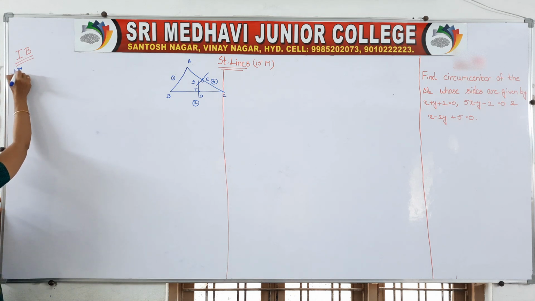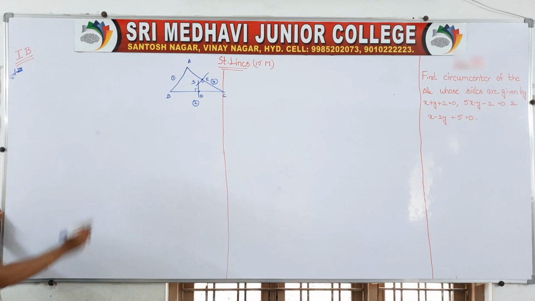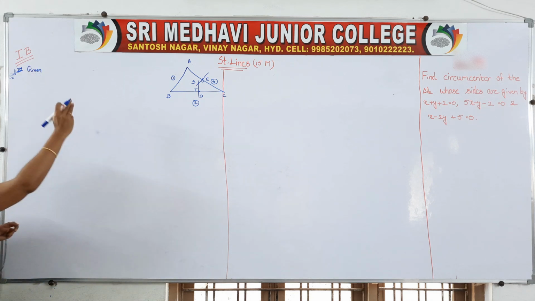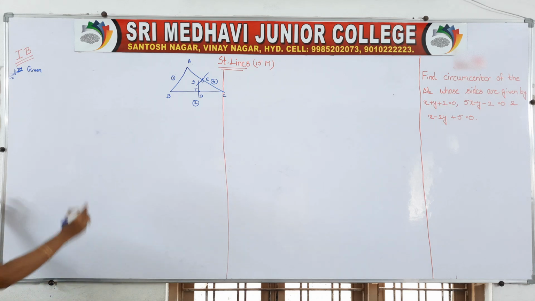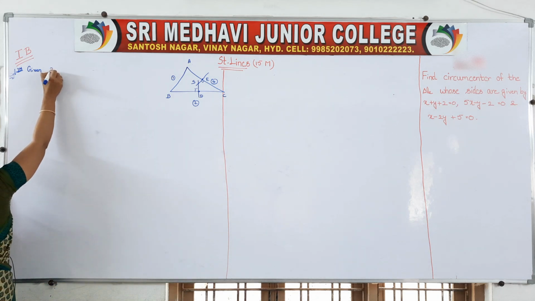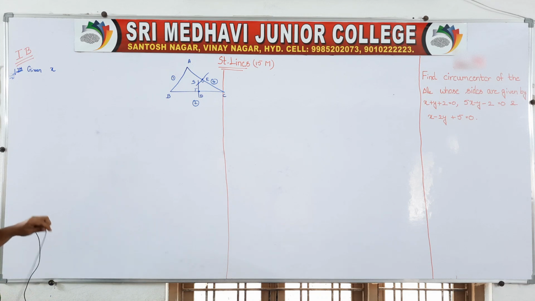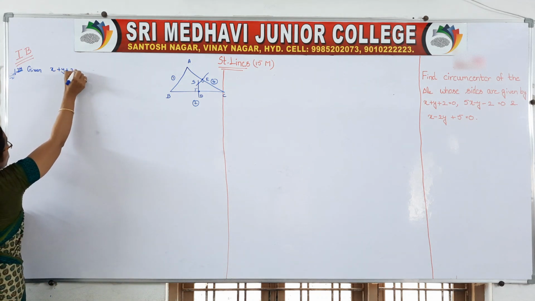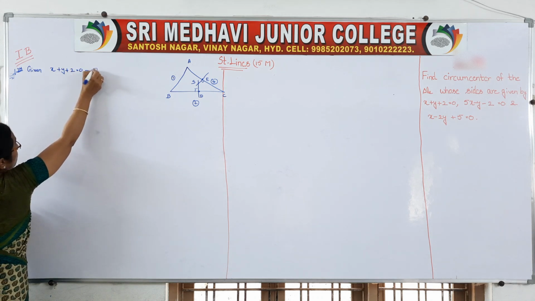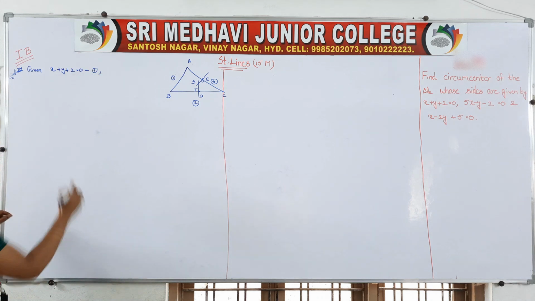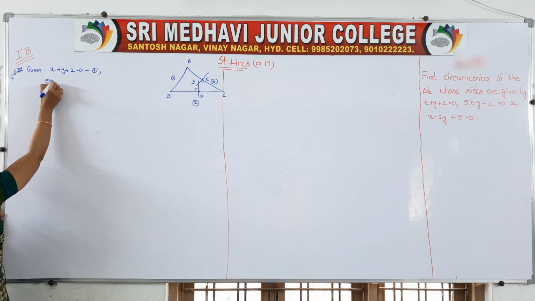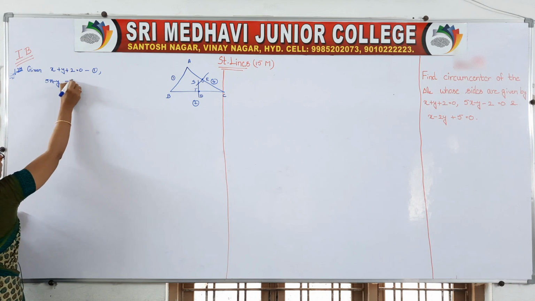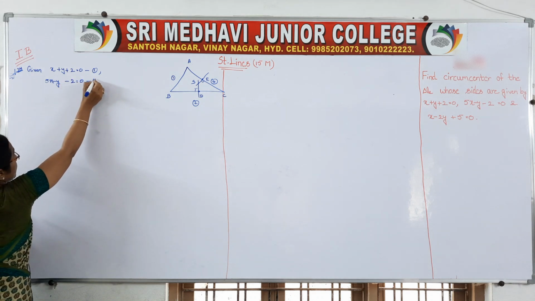It is a 7 mark problem. What is the given information? 3 sides are given to us. The first side is x plus y plus 2 equals 0. The second line is 5x minus y minus 2 equals 0.